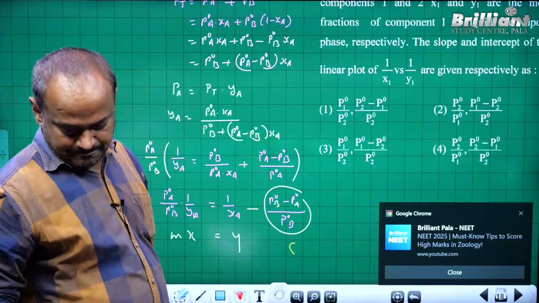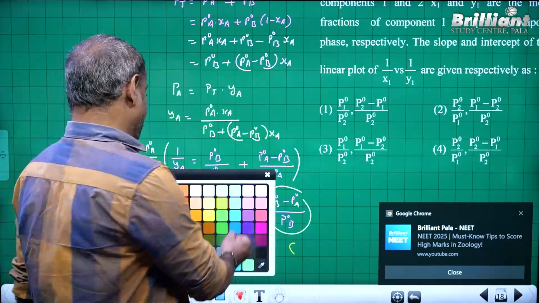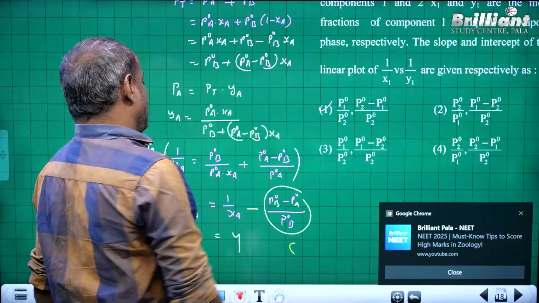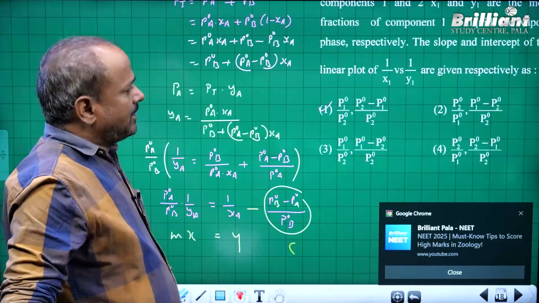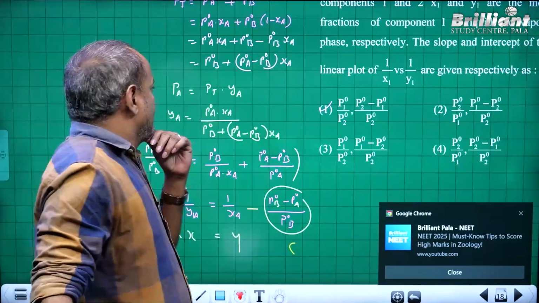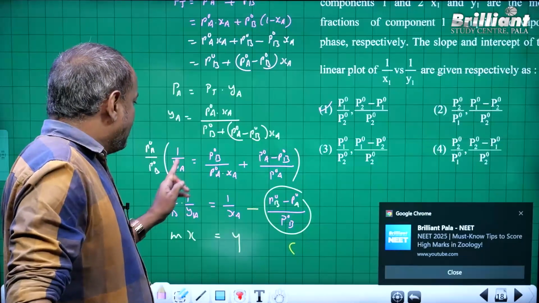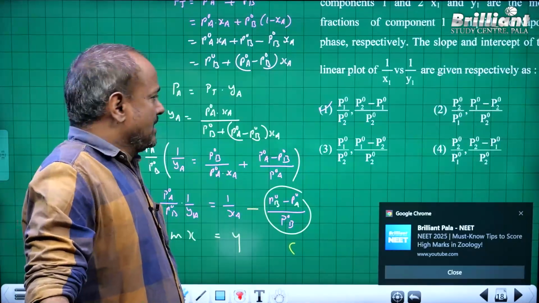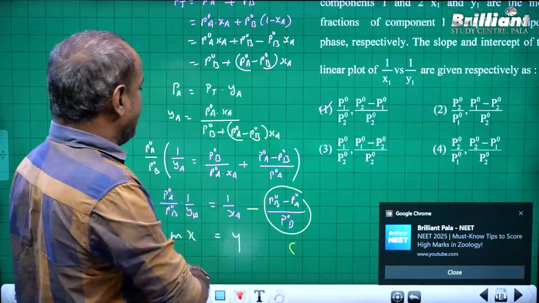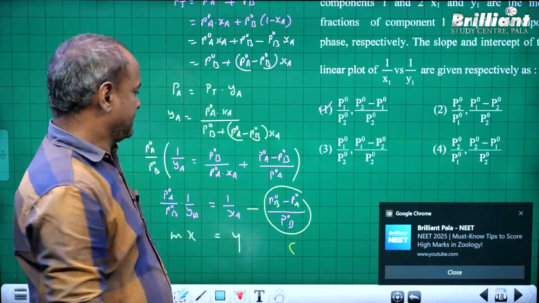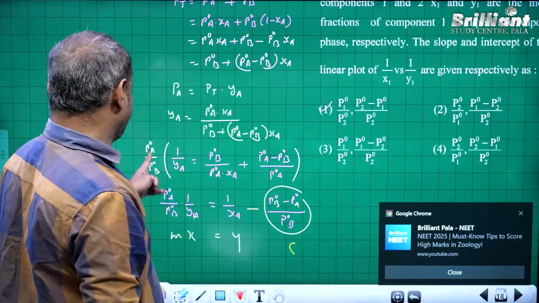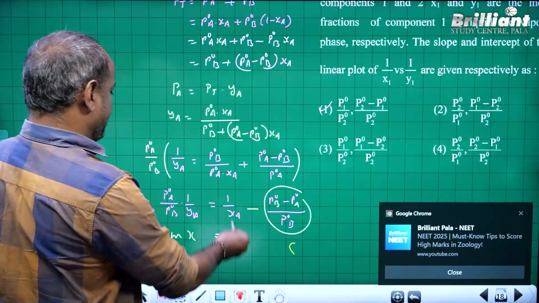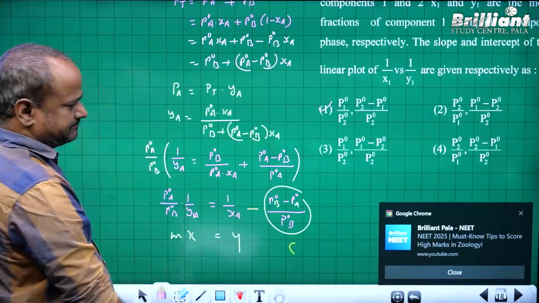Option 1 is more correct. Because in textbooks and many materials we have the formula 1 by Ya versus 1 by Xa, but here it is just modified to 1 by x1 versus 1 by y1. So just multiply with P naught A by P naught B, use this side, then y is equal to mx plus c form.